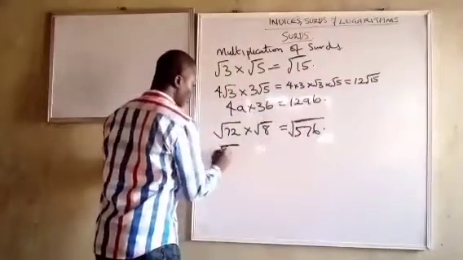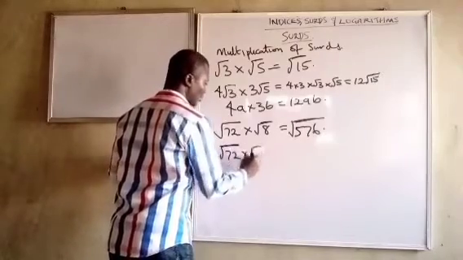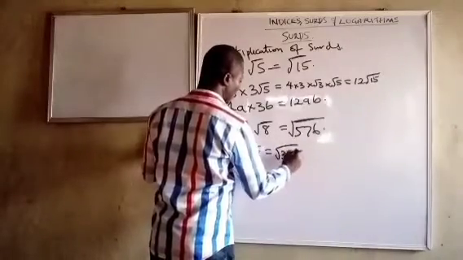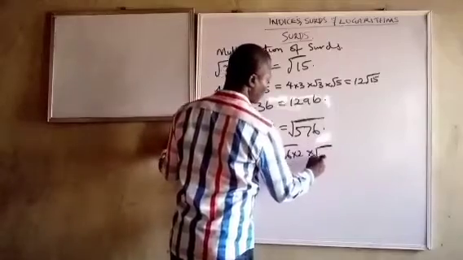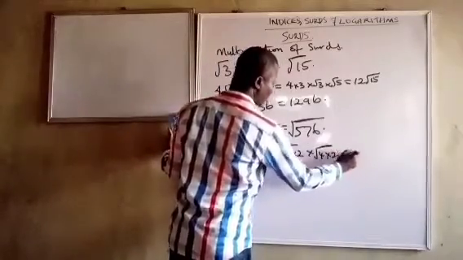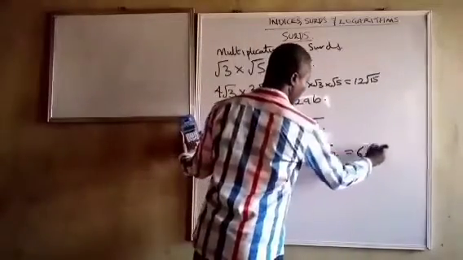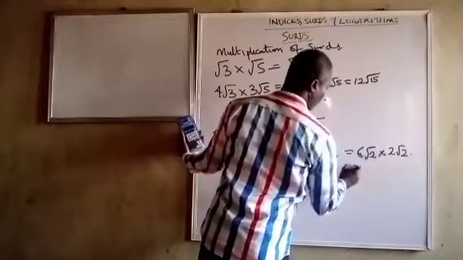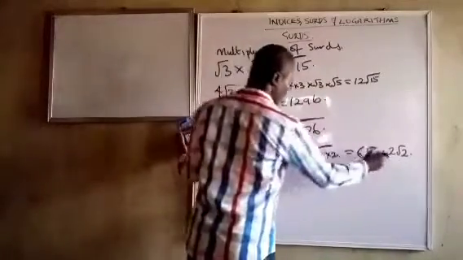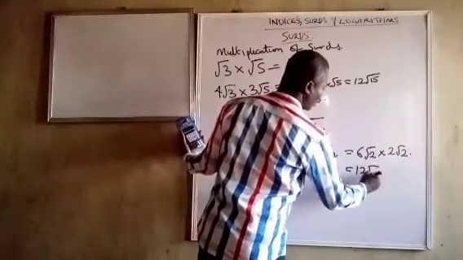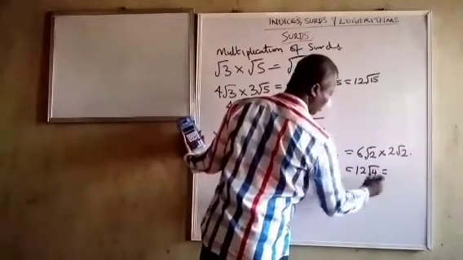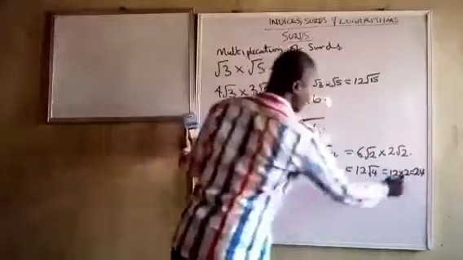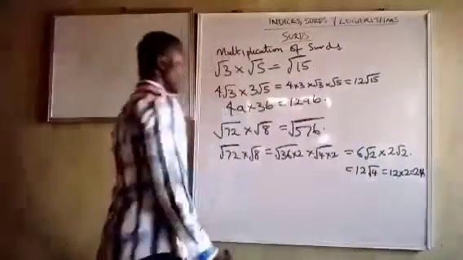You could have said root of 72 times root of 8 is giving us root of 36 times 2 times root of 4 times 2. And you know that this one will give us 6 root 2 times 2 root 2. So, what does that give us? 12 root 4, which is 12 times 2, 24. So you can see the multiplication is very easy.